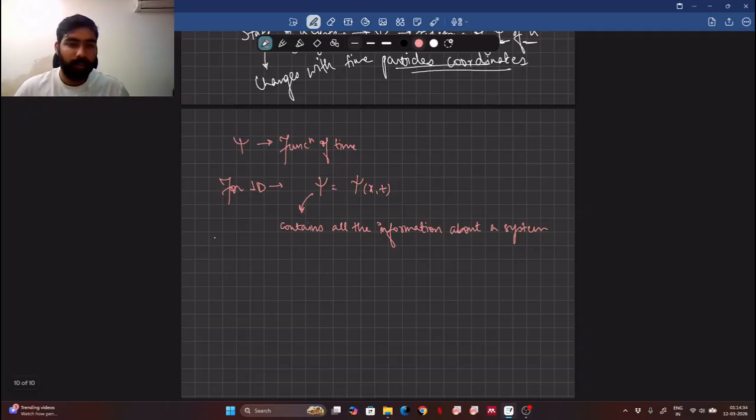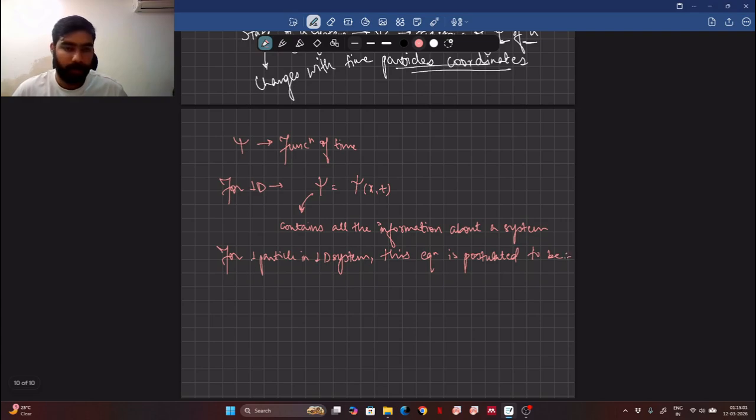And for one particle in a one-dimensional system, this equation is postulated to be: minus iħ ∂Ψ(x,t)/∂t.